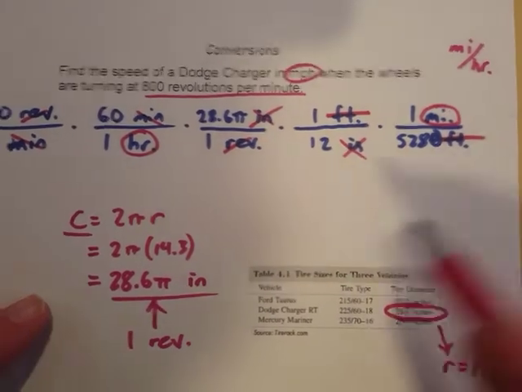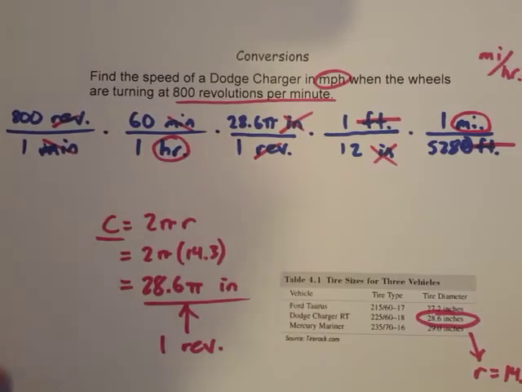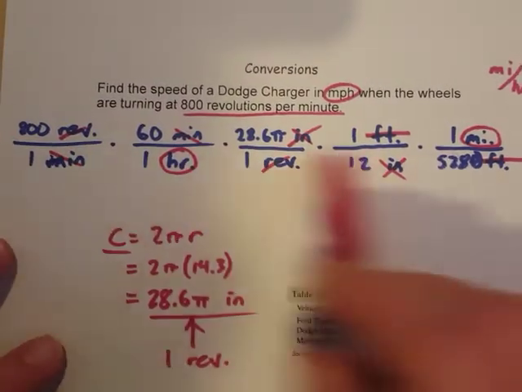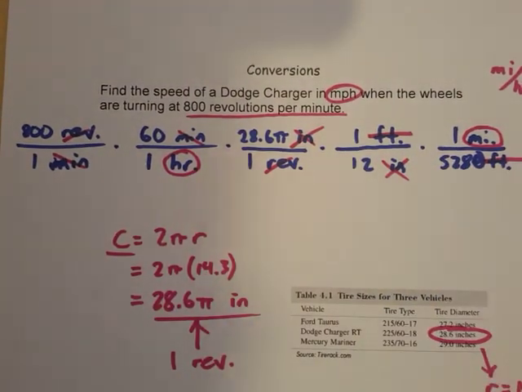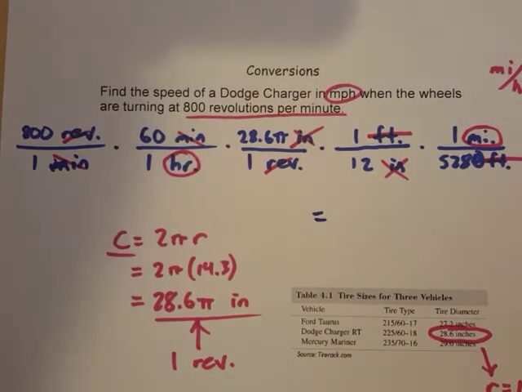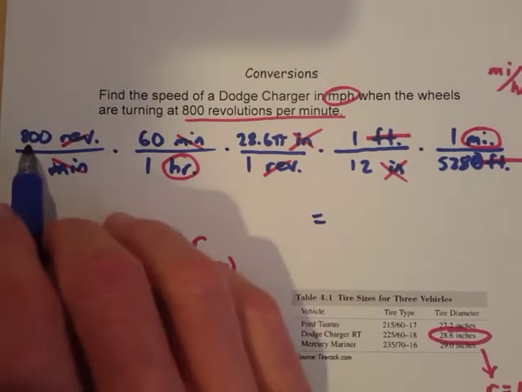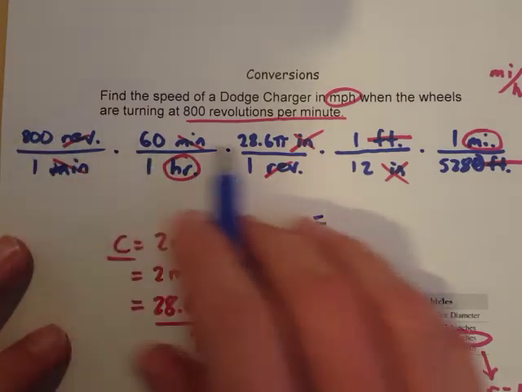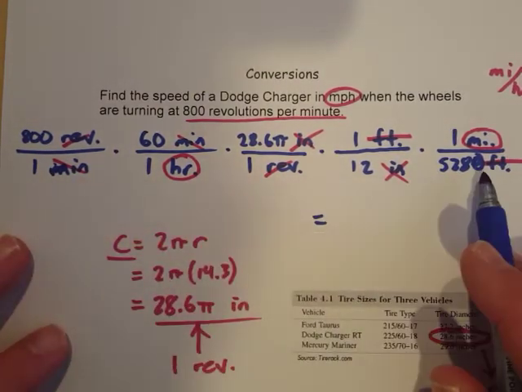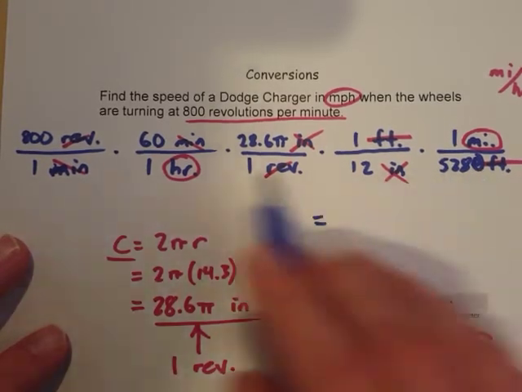So now we have miles divided by hours. And so once we get all of this set up, as you can see, it's one big long string, and I recommend you do it that way, because now we can just take those numbers, let the calculator do the work for us, multiply. I would suggest multiply straight across the top, hit enter, and then divide that by whatever the bottom is, multiplied straight across.